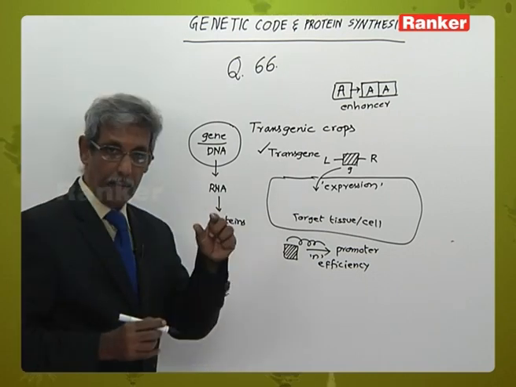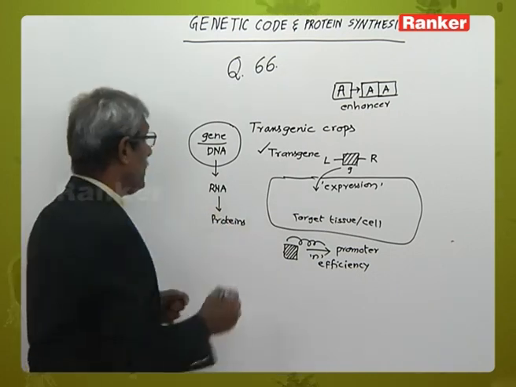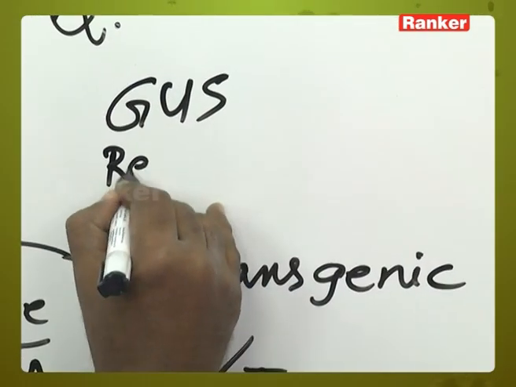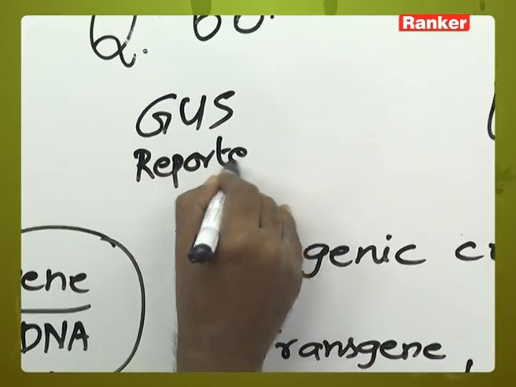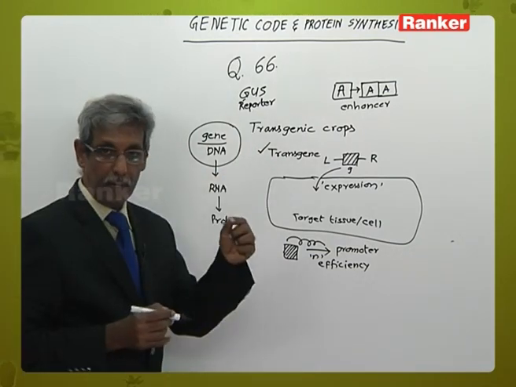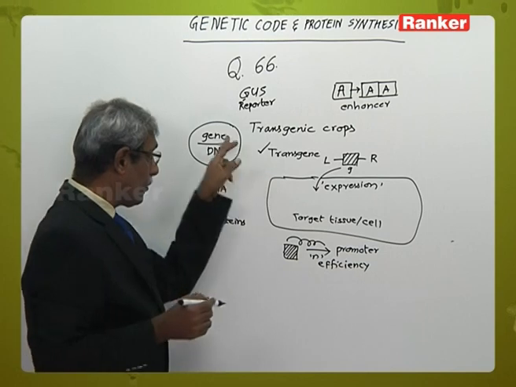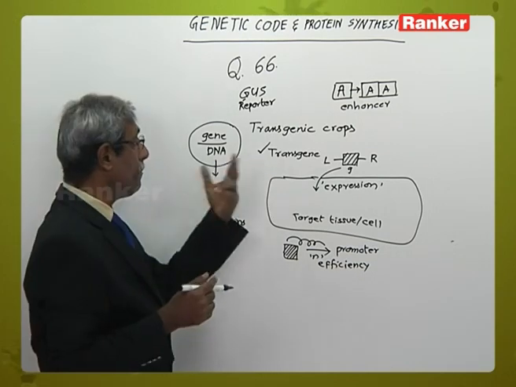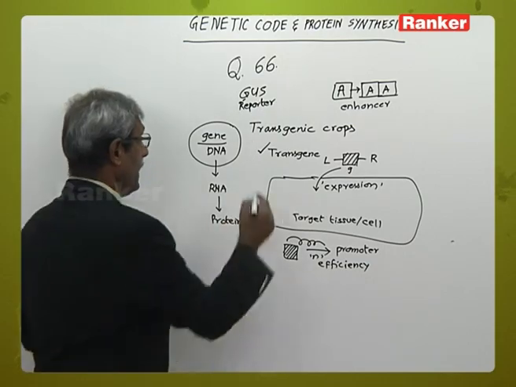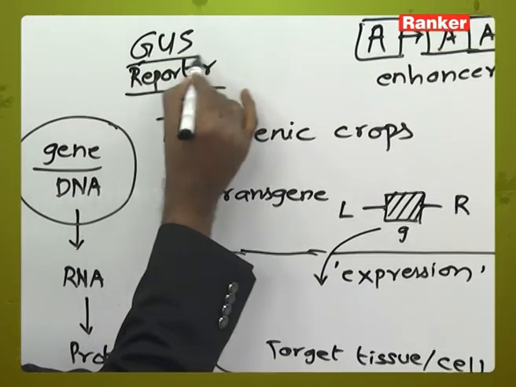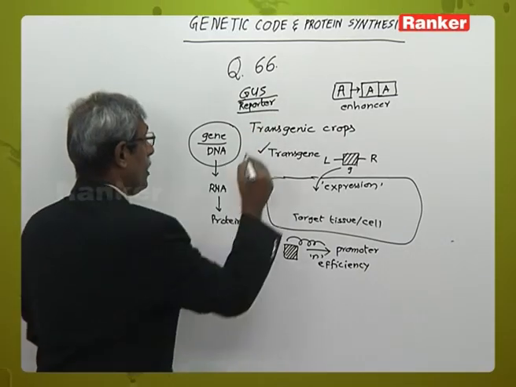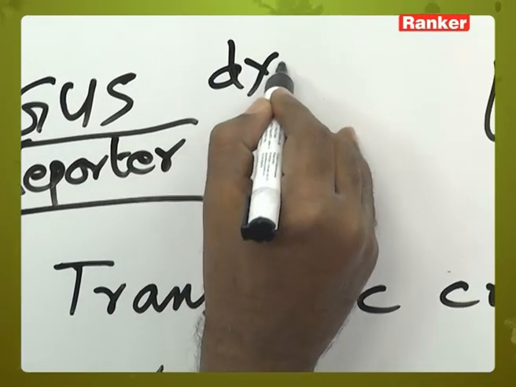Whereas a reporter is primarily, in plants you have the GUS reporter. Like you take a green dye protein, if the gene expression program is completed, or if the gene is expressed, then the report that it is expressed is determined by another gene called a reporter gene, which normally is a sort of a dye gene.